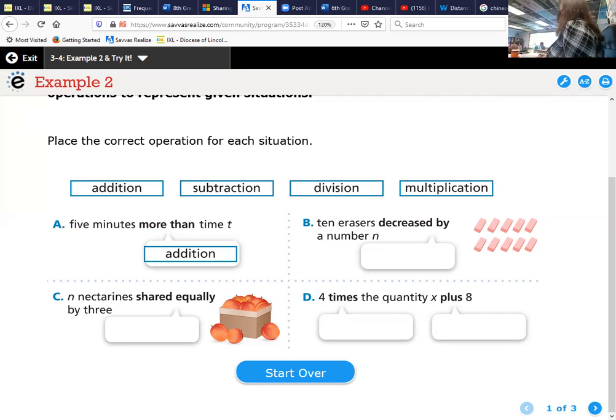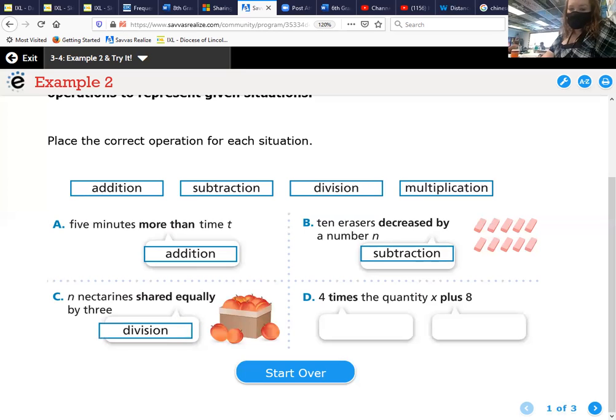I'm adding 5 minutes of time on to T. B, 10 erasers decreased by a number n. What would decreased by mean? Megan: subtraction. We're going to take some away. C, n nectarines shared equally by 3. I'm sharing equally, Matthew: division. I'm dividing it into 3 groups.